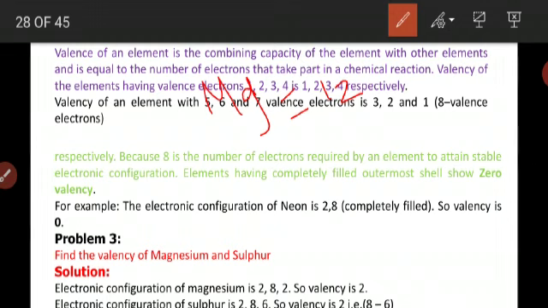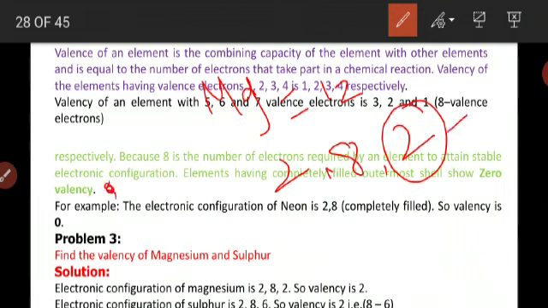How can we write the electronic configuration? 2, because the first shell occupies only 2 electrons. The second shell occupies 8 electrons. Balance how many electrons? 2 electrons. Which one is the valency here? 2, because this is the outermost electron.